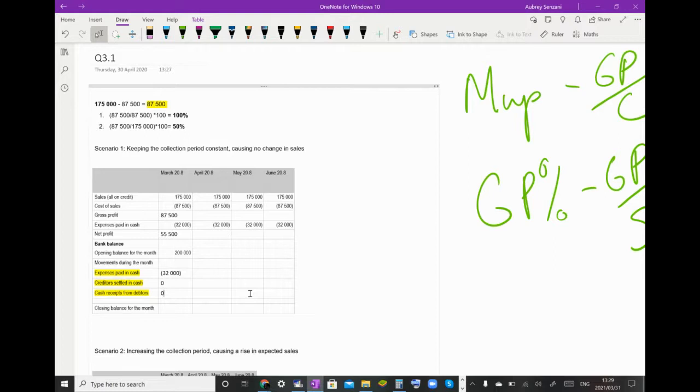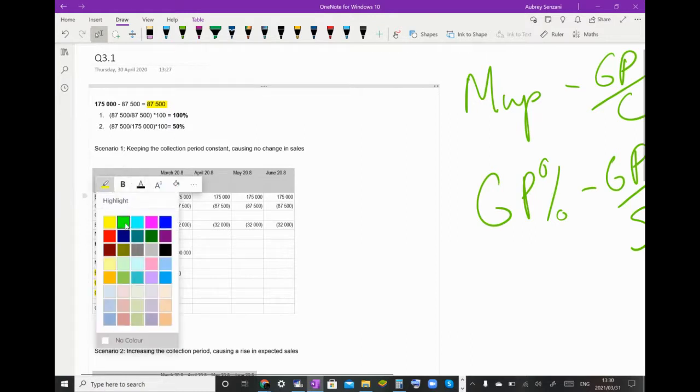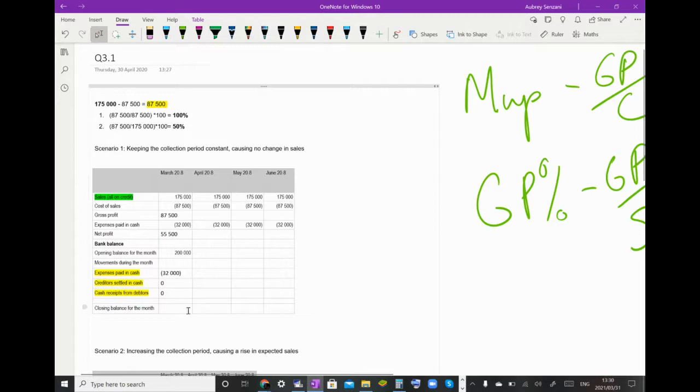If you look there in the sales column, for March, you can see all on credit. So that means everything this sales, can you see? I'm going to highlight it in green. You can see there it says all on credit. Again, under additional information, it says no outstanding amounts from debtors on 1 March.